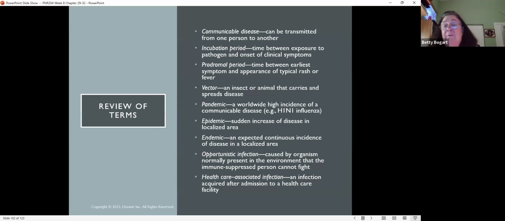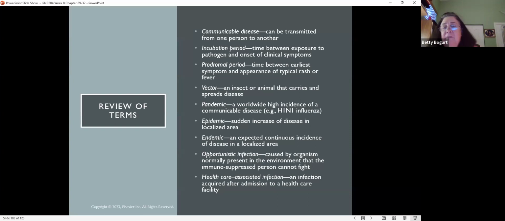Vector is the insect or animal that carries and spreads diseases. Think about ticks, right? Ticks carry things around, give us diseases. Pandemic, isn't that H1N1 influenza? How about COVID? That is pandemic. Now, epidemic is in an area. It could be an area in South Florida that all of a sudden had meningitis, had pertussis, had something.